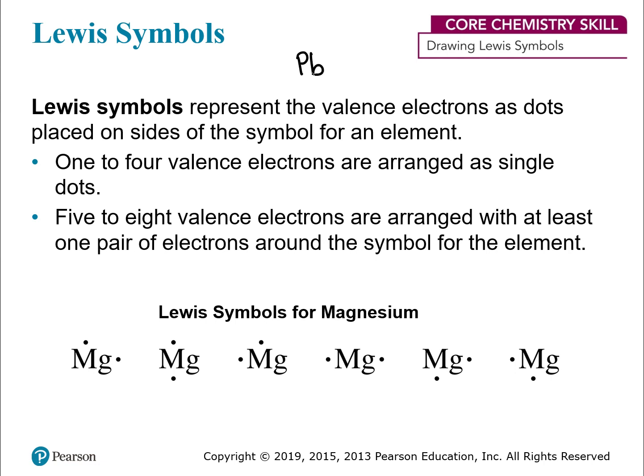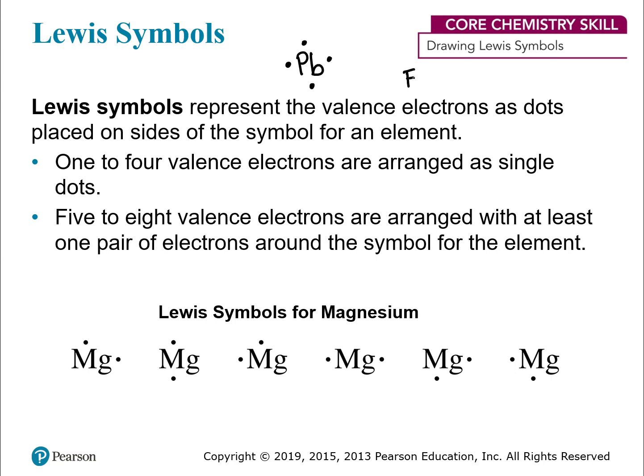So if we were doing lead, we said that it had 4 valence electrons because it's in group 4A. You're going to write the symbol for lead and write a dot for each valence electron that you have. Notice how I didn't double any of them up. You want to go around and fill each side with 1 electron first, and then double up.